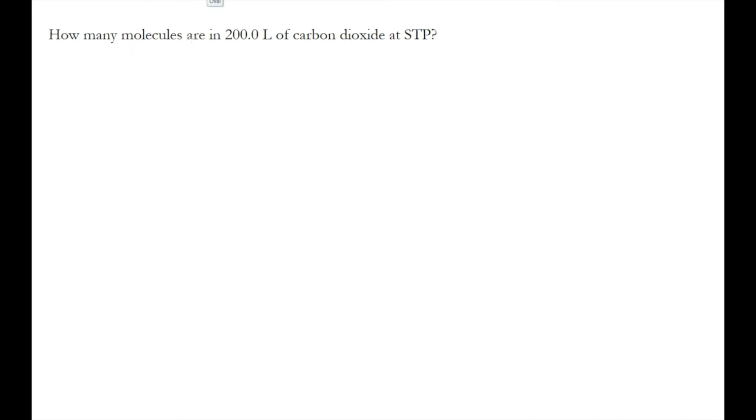Here it says, how many molecules are in 200 liters of carbon dioxide at STP? So I'm going to write out my plan of action. Looking at my wheel, I know I need to go from volume, which is 200 liters. I first need to go to moles, because the mole is my central unit, and then I'm going to go into molecules.